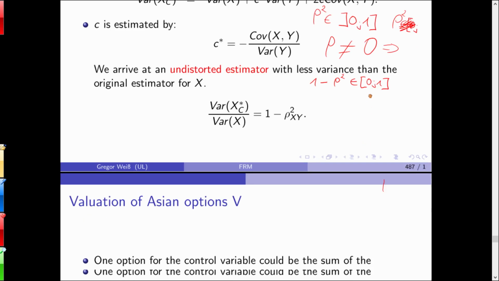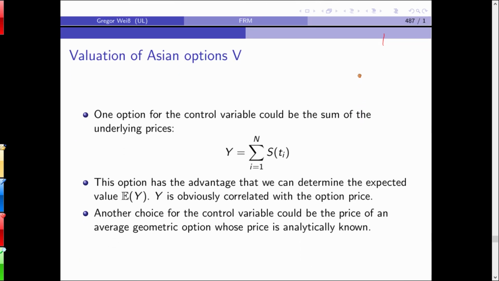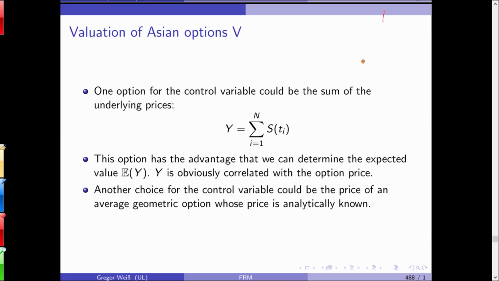So we can reduce the variance of this new estimator. Why? Well, if you include a variable that is correlated with x, you are including additional information in your estimation, and that should yield some advantage, right? One option for the control variable could be the sum of the underlying prices.